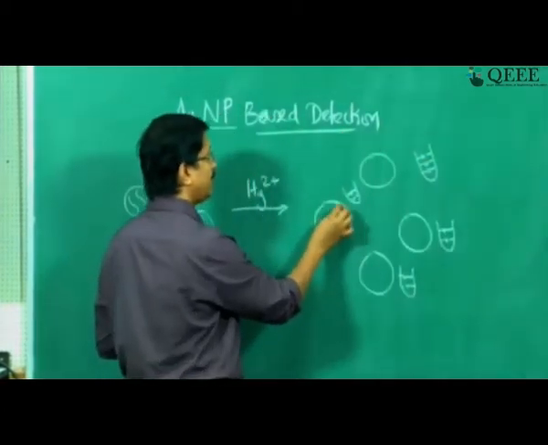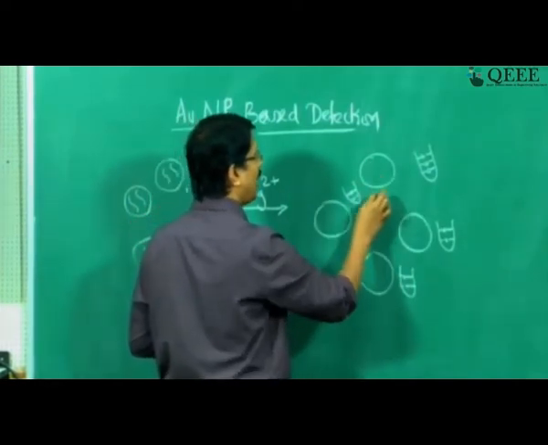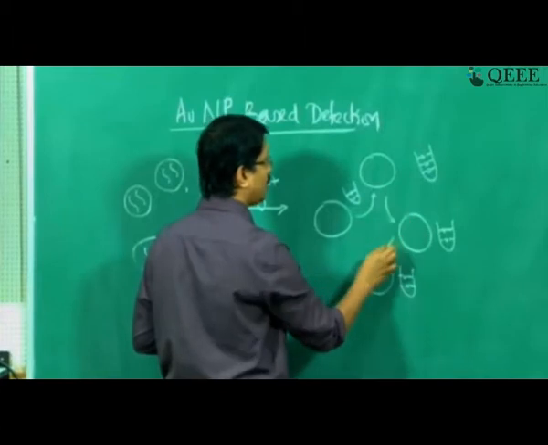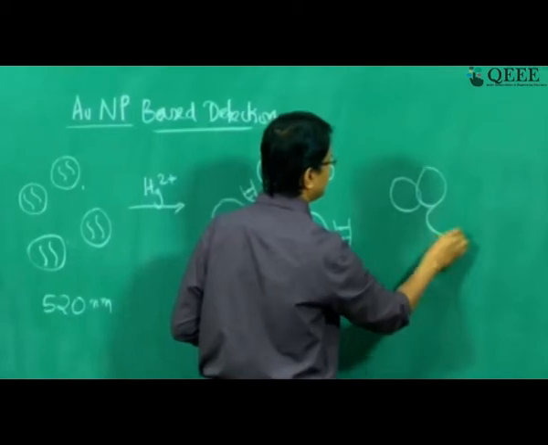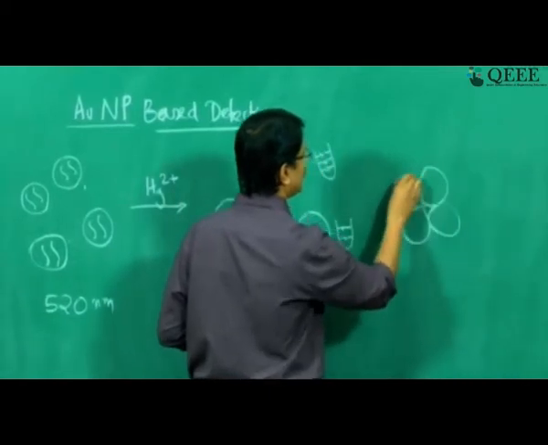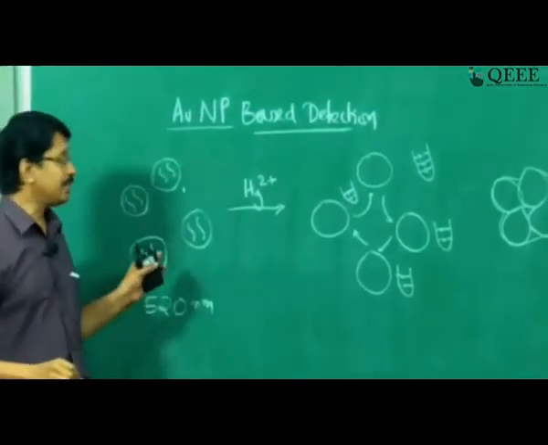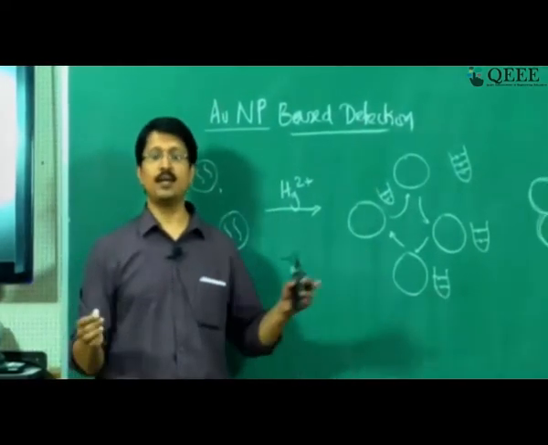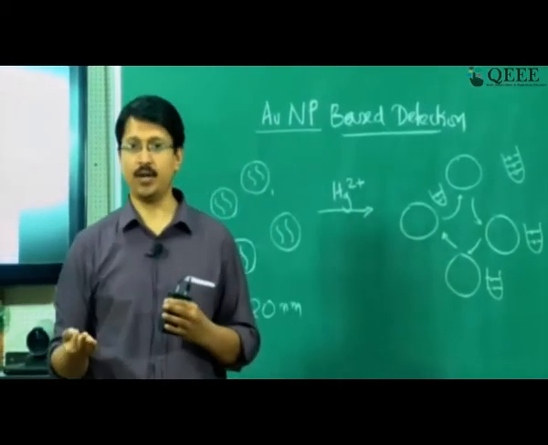So what happened then? There will be a reduction of the surface charge on the gold nanoparticle, and so they can come close to each other and they aggregate. Or in other words, you will get a bigger nanoparticle. And we know that as the size of the gold nanoparticle changes, its absorption changes. We know that it is a function of the size of the nanoparticle.